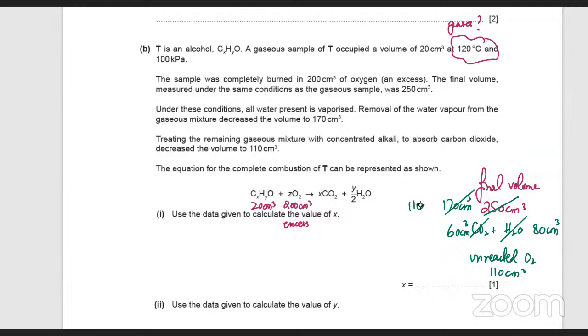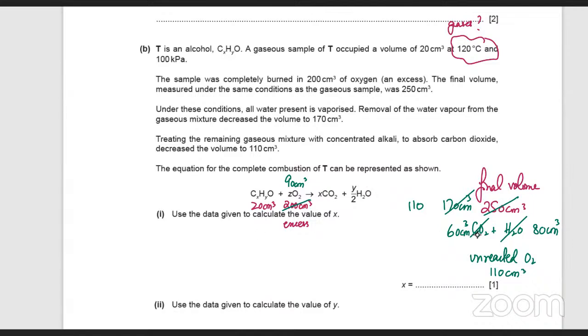तो 200 में से पीछे रह गए 110 is left unreacted. So that means how much is reacting? 90, right? क्योंकि जब 250 बना था उसका 110 oxygen is still left. So that means out of the 200 that you added initially, there is 110 still left at the end. तो फिर अगला पार्ट क्या है? कार्बन डाइऑक्साइड कितना है?